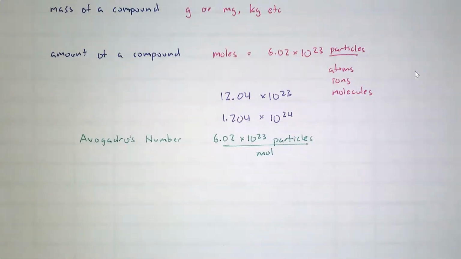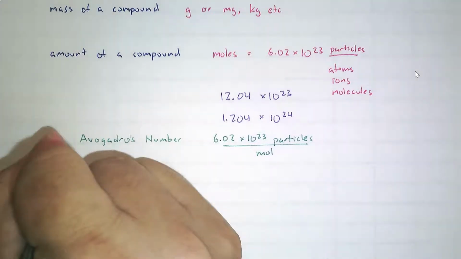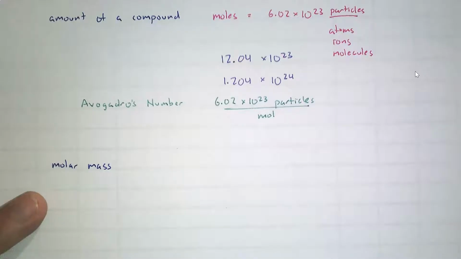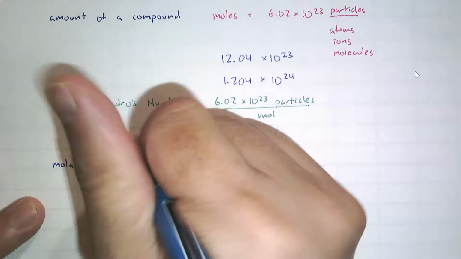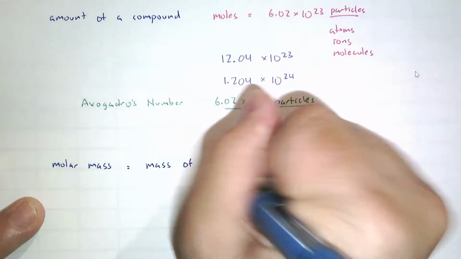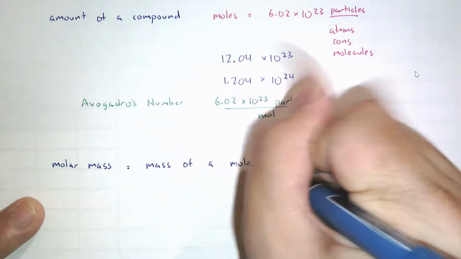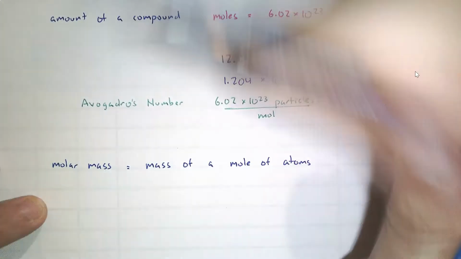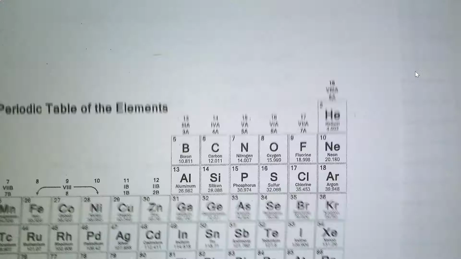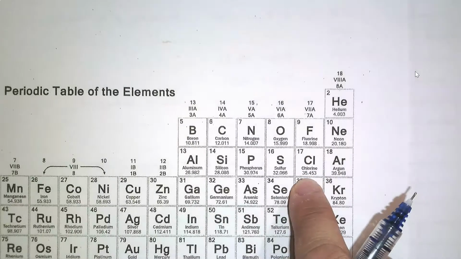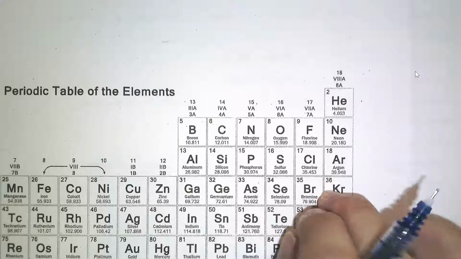One more bookkeeping item, molar mass. Molar mass is the mass of a mole of atoms. So we could get the molar mass of chlorine, which is 35.453 grams per mole.